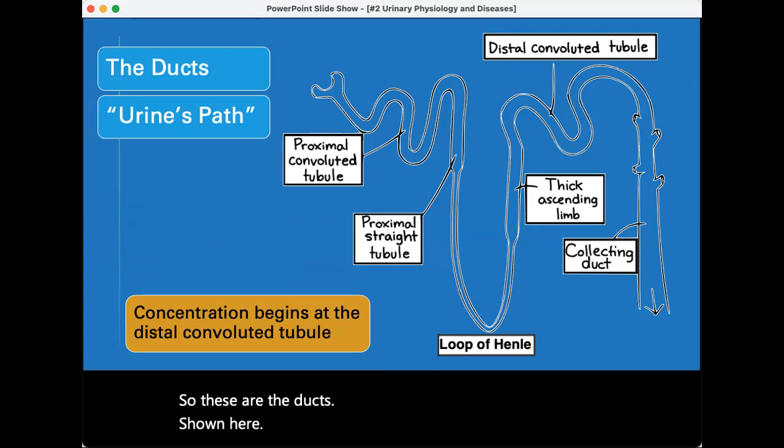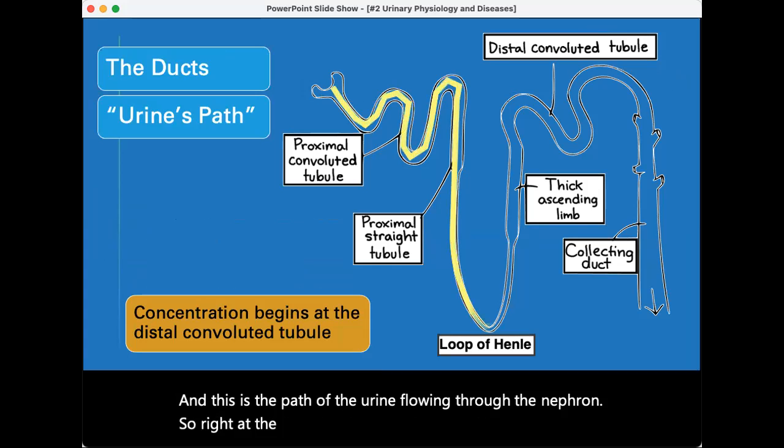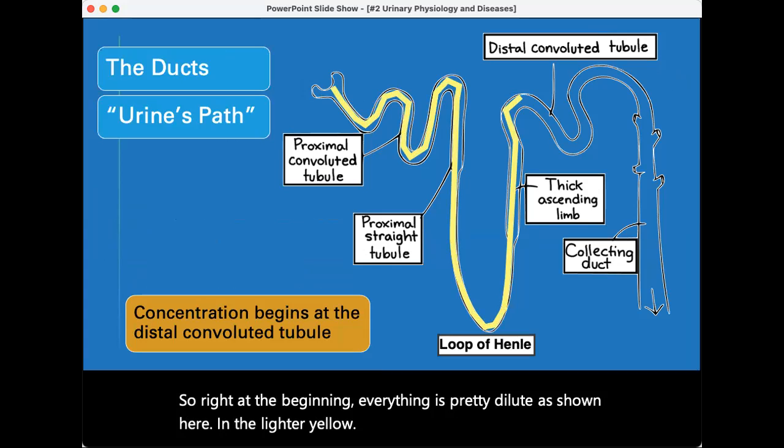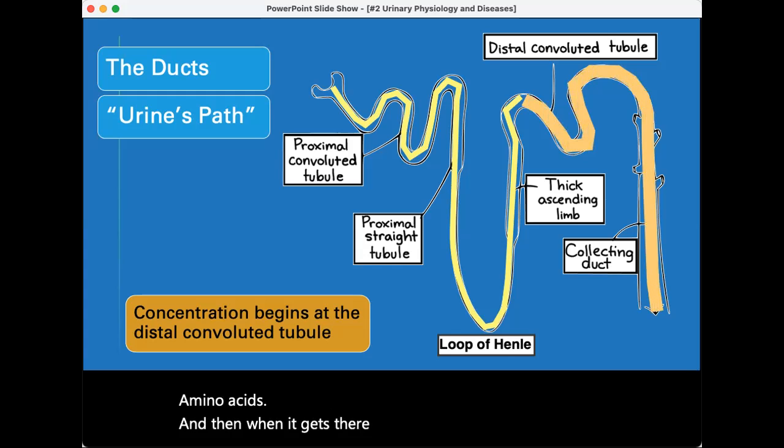The glomerulus sits right here at the beginning. And this is the path of the urine flowing through the nephron. So right at the beginning, everything is pretty dilute, as shown here in the lighter yellow. And then when it starts getting to the distal convoluted tubule, it's taken back sodium, water, amino acids. And then when it gets there, it's more concentrated.